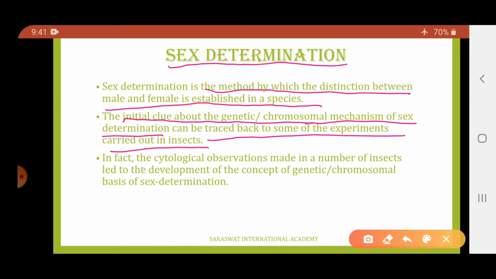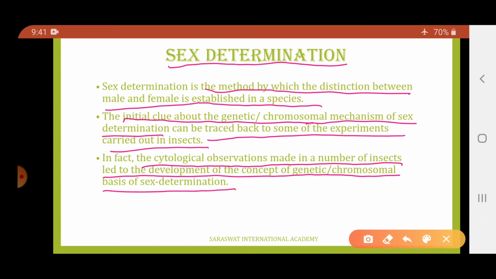In fact, the cytological observations made in a number of insects led to the development of the genetic or chromosomal basis of sex determination. Cytological means cellular, related to the cell.